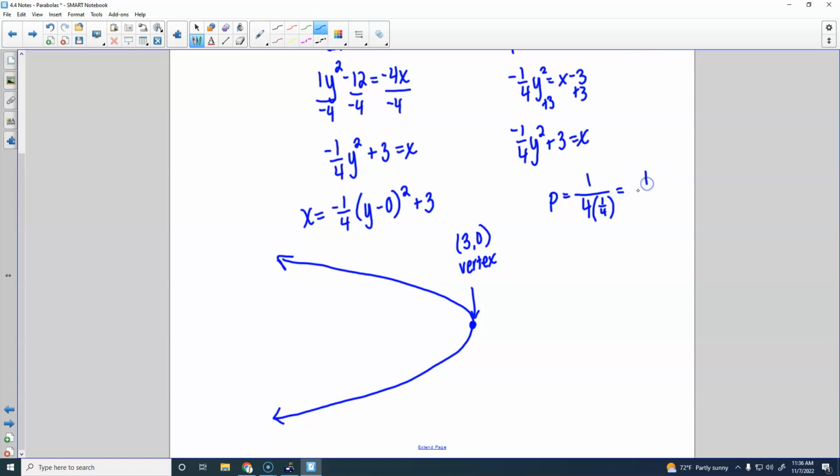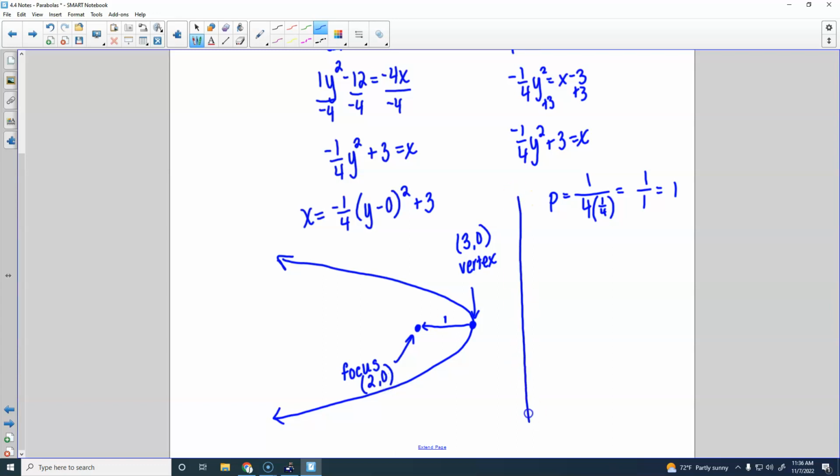When you're doing this, you can just use the a value. So that's going to give you 1 over 1, which is just 1, of course. So our focal length is 1. So to get to our focus over here, we need to go to the left 1 unit. So that is going to be our vertex, and since we're going to the left, I need to subtract 1 from the x coordinate, so I'll get 2, 0.